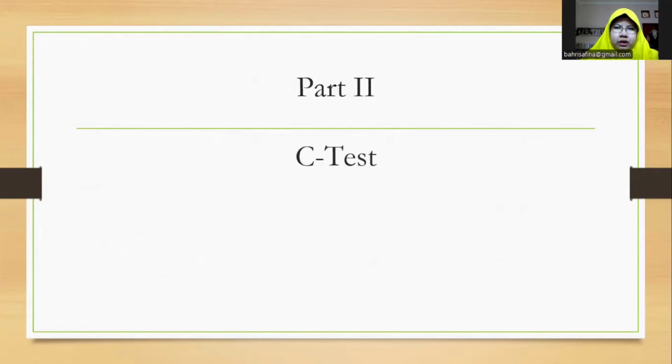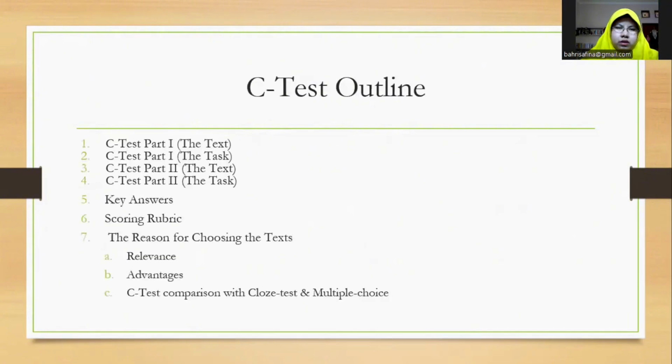In the second part, I'm going to pretend to become an instructor in a university for intermediate level students in their language study. Here is the outline for the second part.